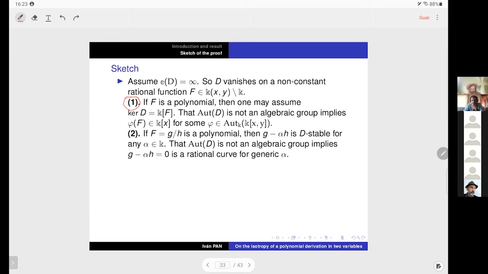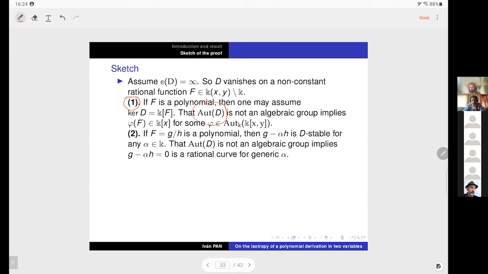since the polynomial may be assumed to be a polynomial in k[x], it depends only on x, then one uses that the kernel is stable by the elements in the isotropy.